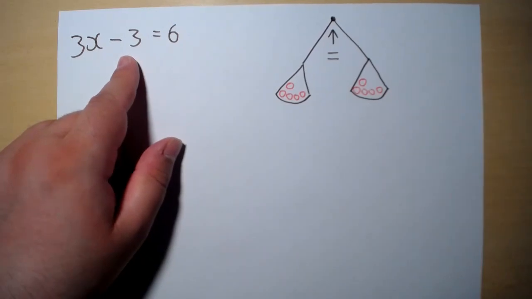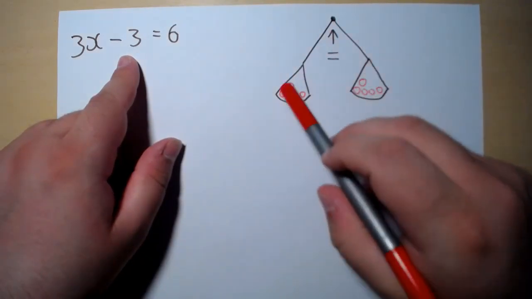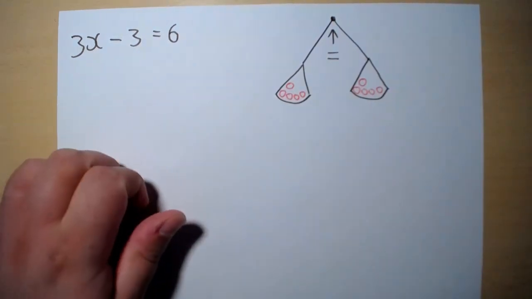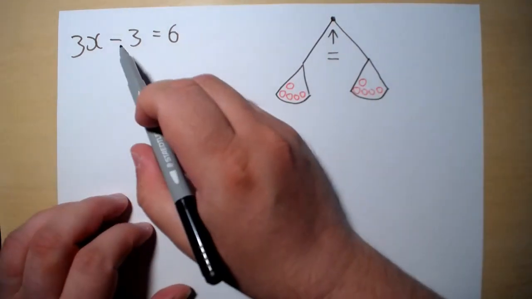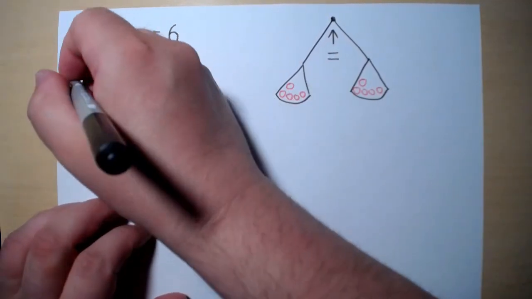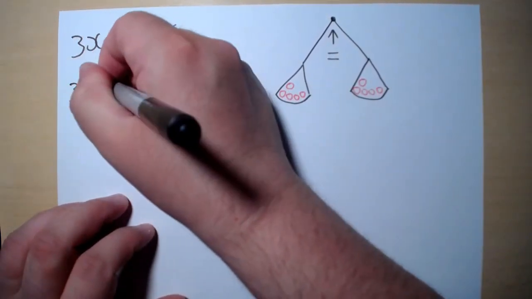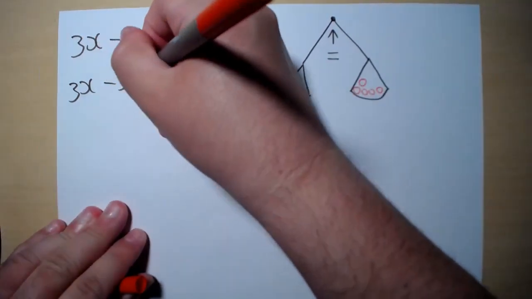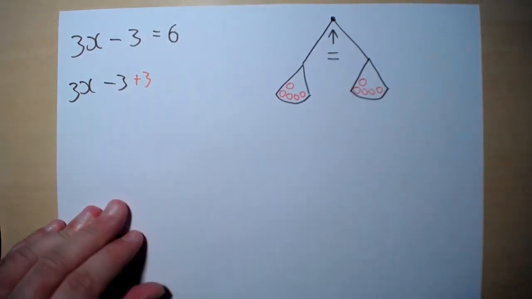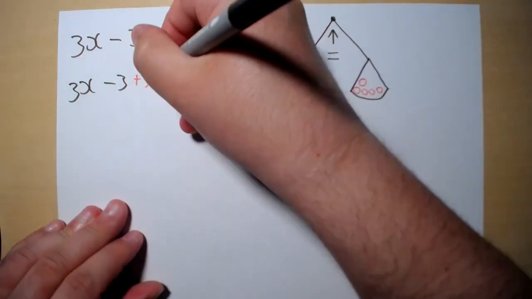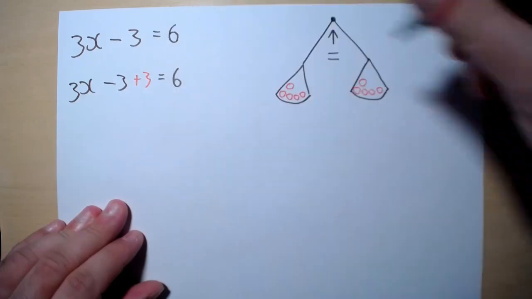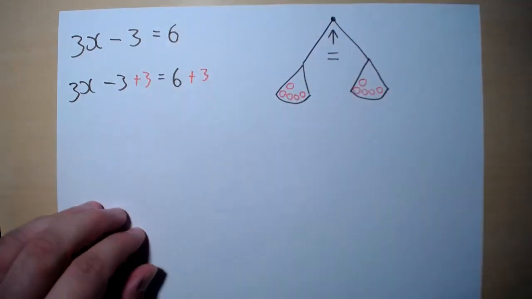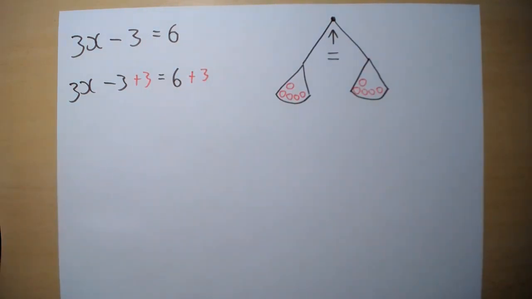But to use the concept of equilibrium in a weighing scale, because we have the equal sign there, what I'm going to do is this. I'm going to add 3 on both sides. So 3x minus 3, I'm going to add here plus 3, which is equal to 6, but I am going to add another 3 on the right-hand side as well.